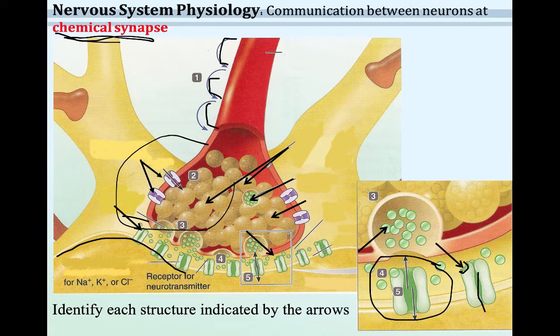The calcium coming in here is going to make these synaptic vesicles move down towards the end of the knob, and then they're going to dock or merge with the membrane. You have to remember, this is phospholipid bilayer, this is phospholipid bilayer, and those things can merge. When they do, the vesicle opens up and releases neurotransmitter via exocytosis.